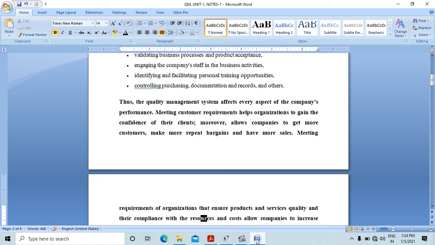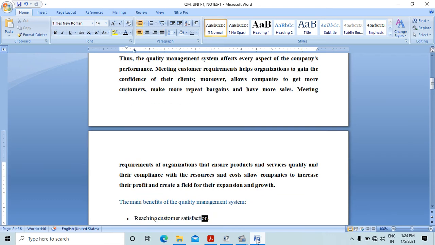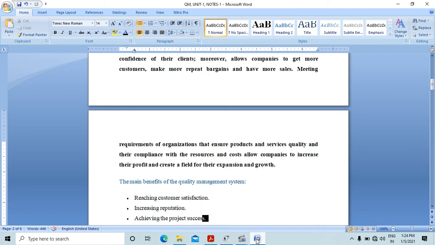Moreover, it allows companies to get more customers, make more repeat bargains and have more sales. Meeting requirements of the organization that ensure product and service quality and their compliance with the resources and cost allows companies to increase their profit and create a field for their expansion and growth.